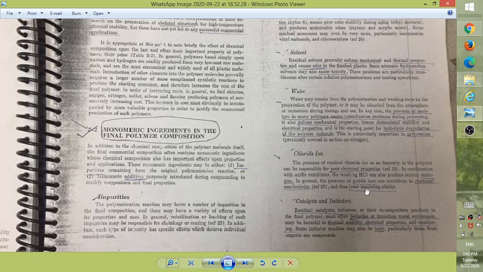In general, the presence of mobile ions can contribute to electrical conductivity, thus lowering insulating ability. We all know plastics are good insulators because they don't have any ions in them that can pass the current. But due to chloride ion, which is highly electronegative, it can produce some mobile ions and that can contribute to electrical conductivity, therefore lowering insulating ability.